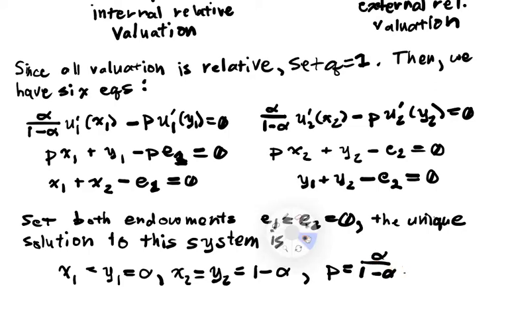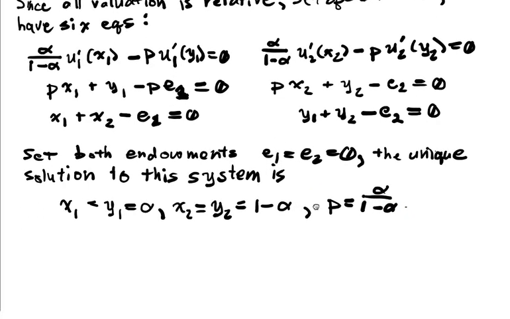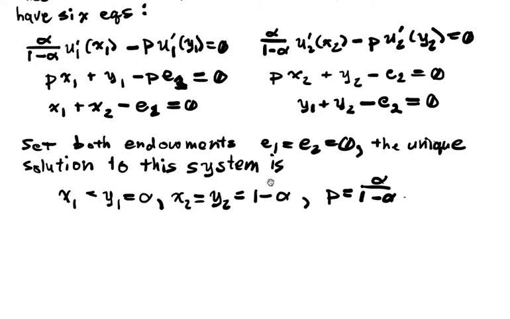So you might be saying, how on earth did you get that this was the unique solution? Well, these are a bunch of linear equations, and so it's fathomable that we would get unique solutions. But when we have these non-linear utility functions or derivatives of the utility functions, we might find ourselves concerned.